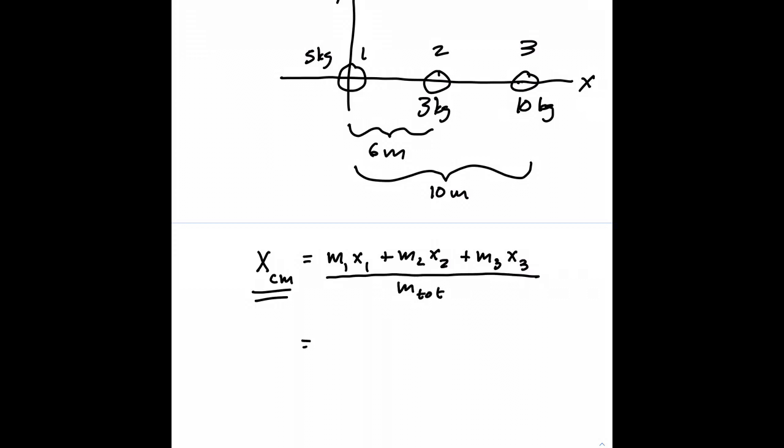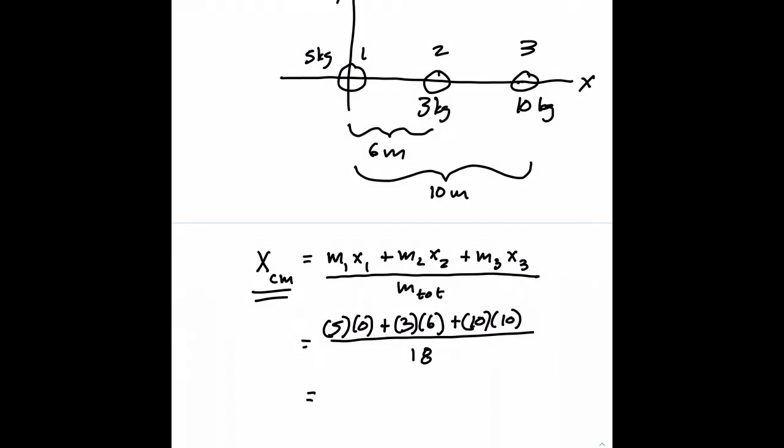So in this example, it would be 5 times 0 plus 3 times 6 plus 10 times 10, all divided by 18.